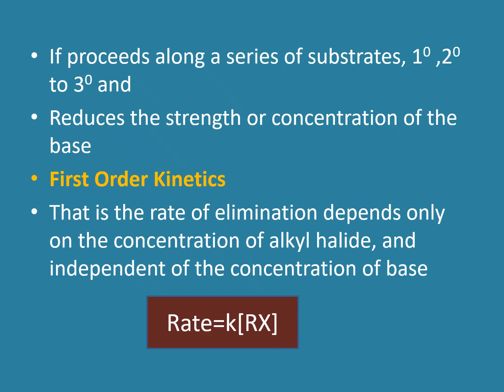So usually primary alkyl halides undergo second order kinetics, and if we proceed through primary to secondary to tertiary, then it will move from second order to first order kinetics, and if we reduce the strength or concentration of the base, then the dehydrohalogenation will be first order kinetics.